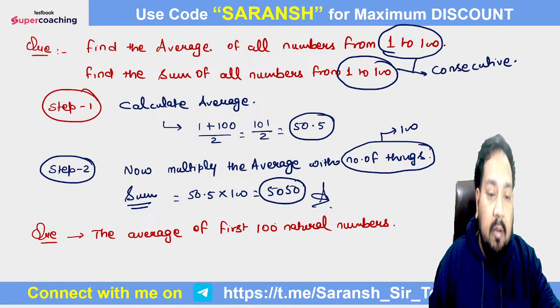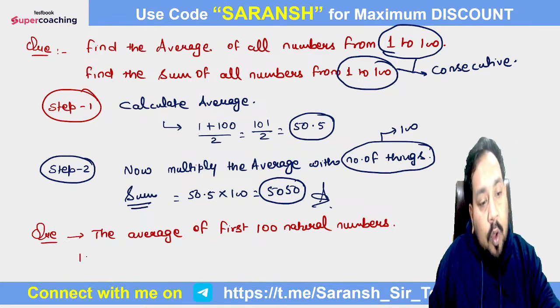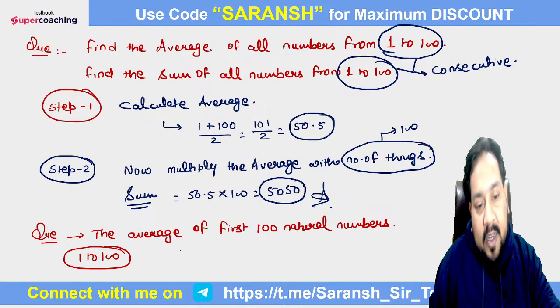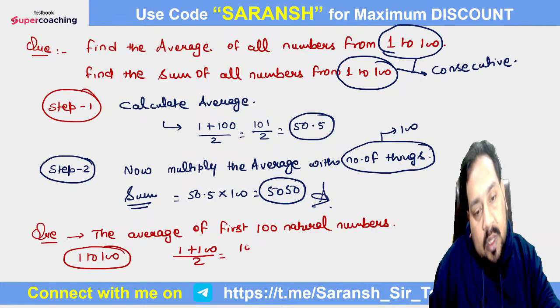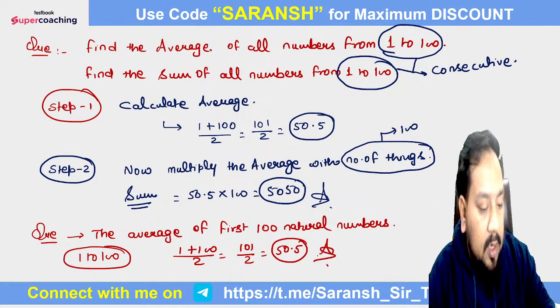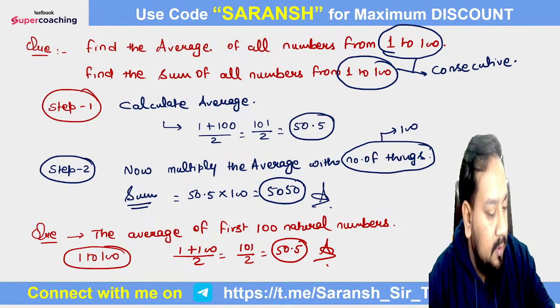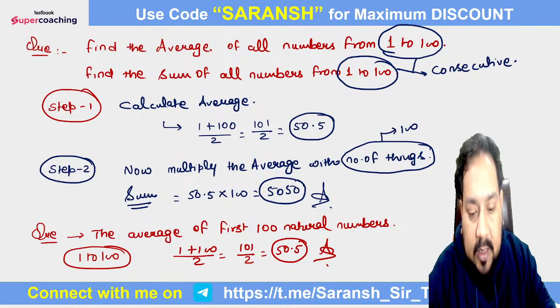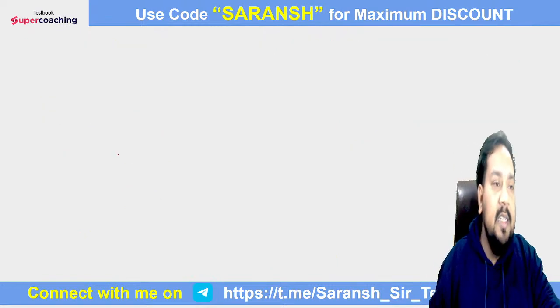First 100 natural numbers means 1 to 100. Then average will be what? 1 plus 100 upon 2, 101 upon 2, that is 50.5. Simple. Same answer.